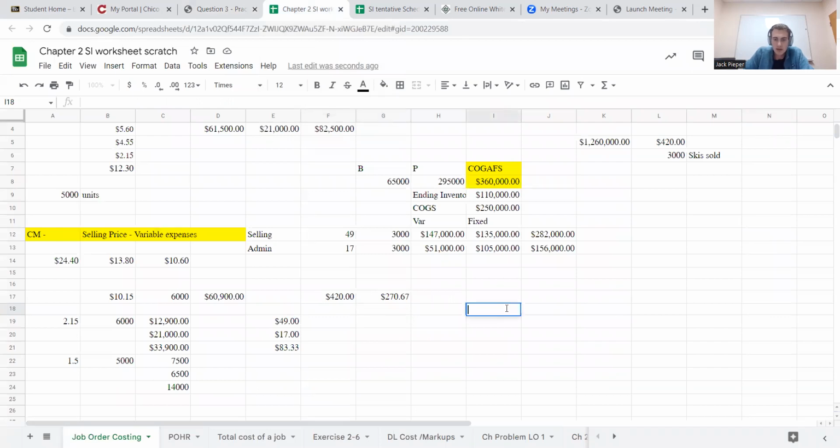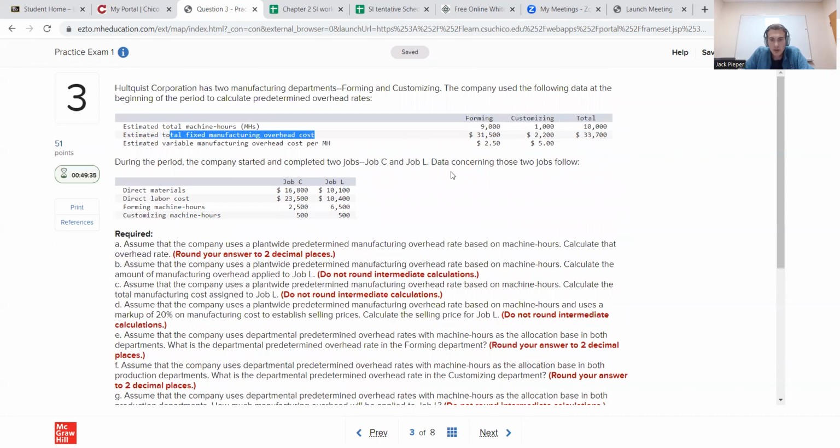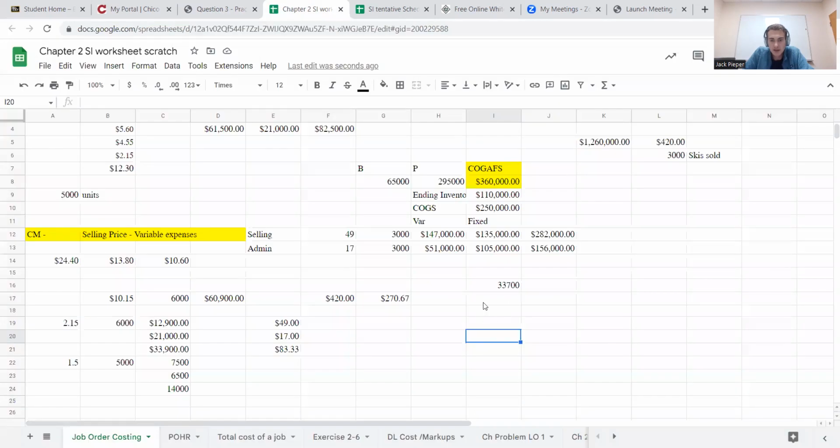So go here, 33,700. All right, and we'll multiply by the total variable expense in each department. So we'll do the 2.5 and the 5.0. And these are both dollars per machine hour.